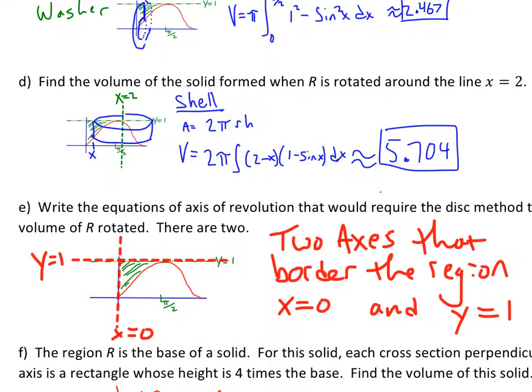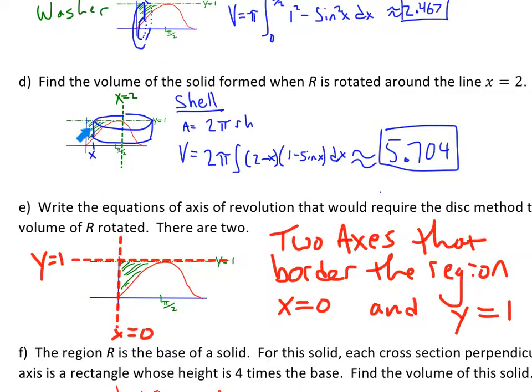Then we're going to find the solid rotating it around the line x equals 2, so we're rotating it off to the right. This is probably best for the shell method. You probably want to avoid washer on this because it gets weird. So with the shell method, 2 pi r h is the area of the cylinder. The radius of this cylinder is 2 minus whatever this x value is. You pick an x value, or we're going to pick a whole bunch, and we have 2 minus x. That's the radius.